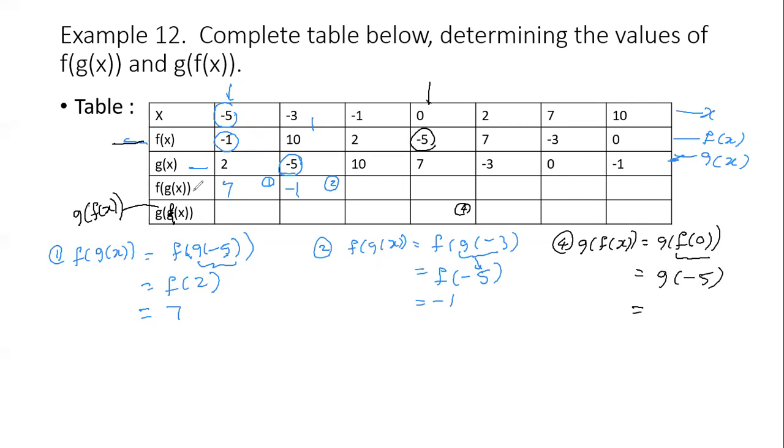Now, go back to the table. G is here. We have to find where x is -5, right here. G of -5 is this number 2. So this should be 2.